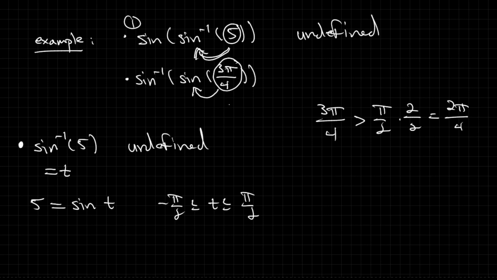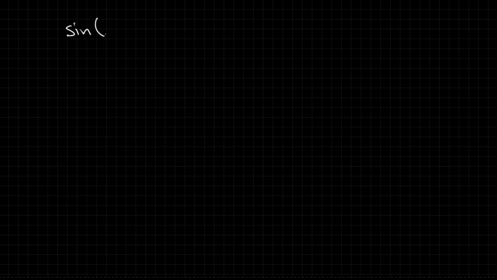You can evaluate it. If you wanted to evaluate sine of 3 pi over 4, well, the reference angle is pi over 4, so this is going to be either plus or minus sine of pi over 4. So it's going to be plus or minus root 2 over 2. And in fact, it's going to be positive because 3 pi over 4 is in the second quadrant.